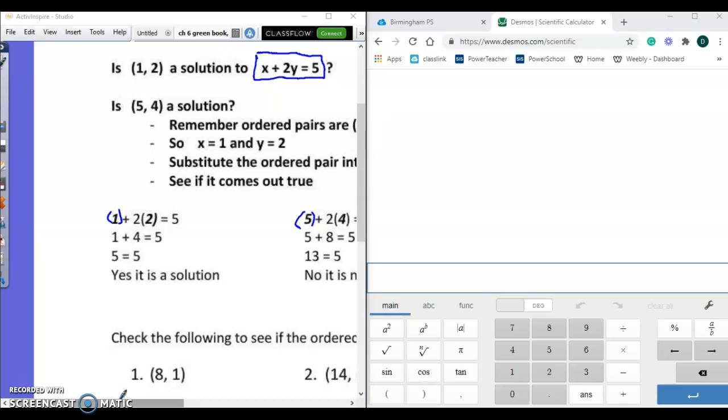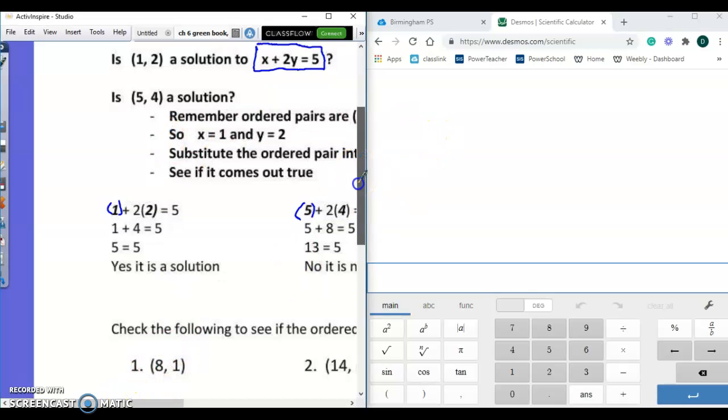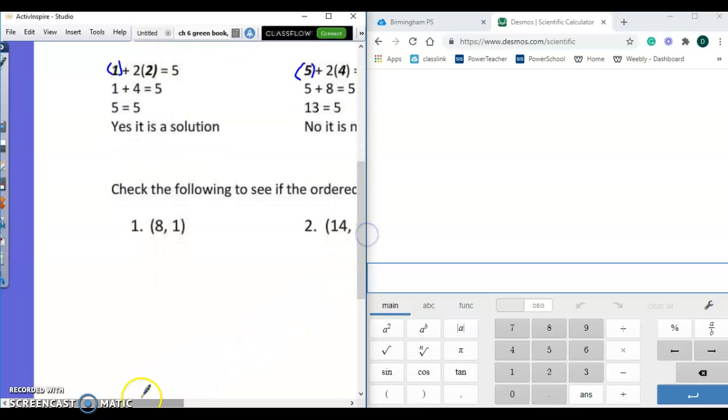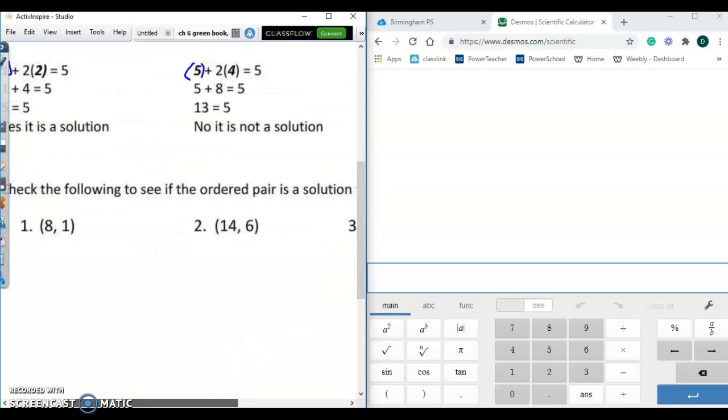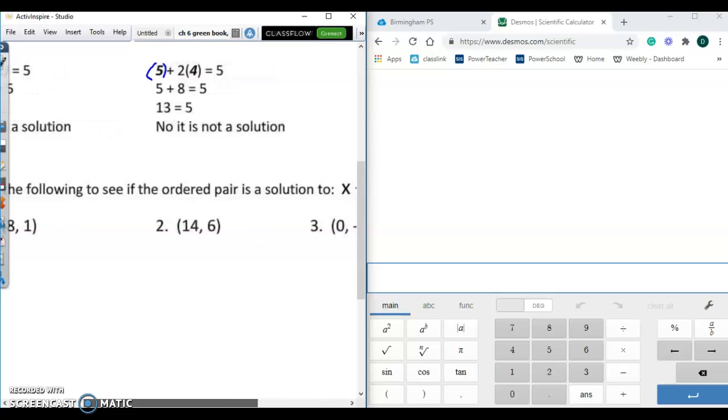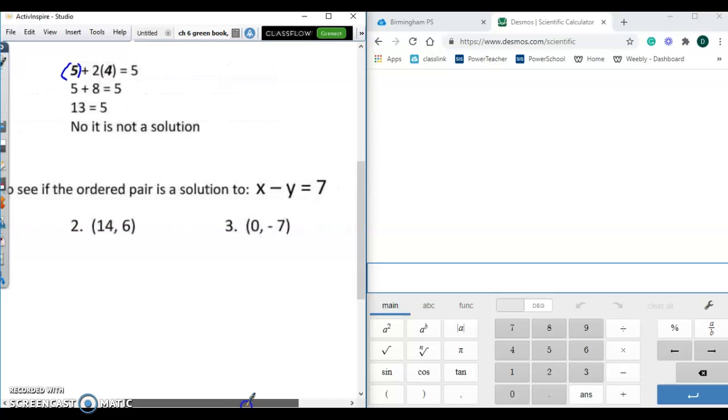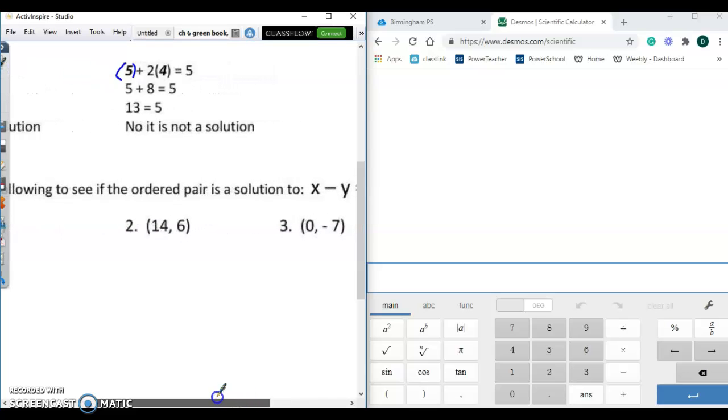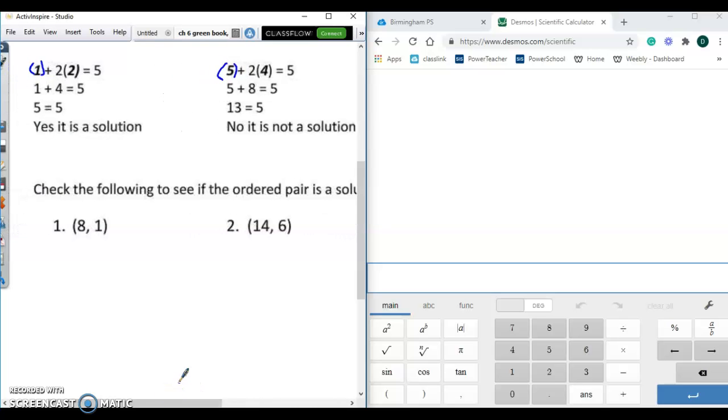Alright, so now I have the split screen with our notes on the left and our calculator on the right. And I'm going to go to the problem set that we have. So the question says, check to see if the ordered pair is a solution to x minus y equals 7. So one way we can do this, if we write out our parentheses, x minus y equals 7.